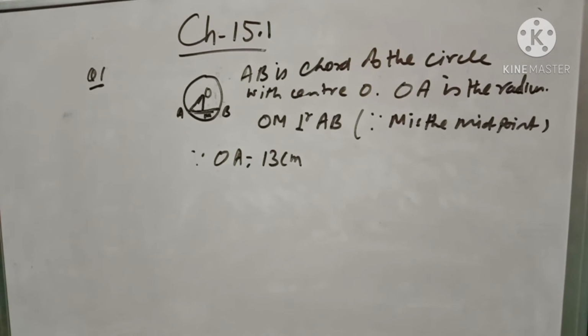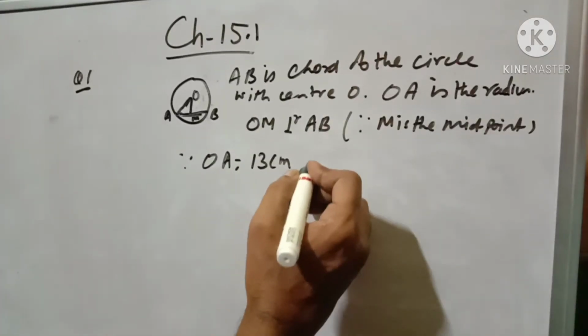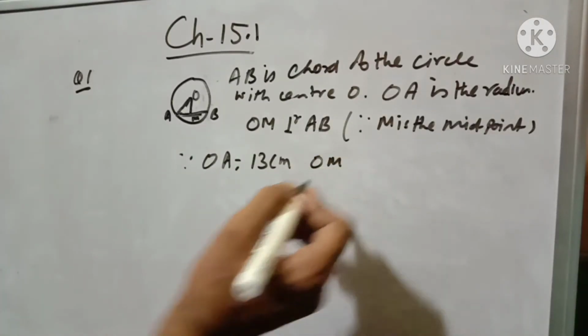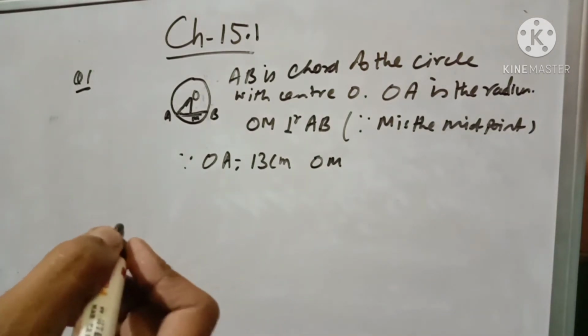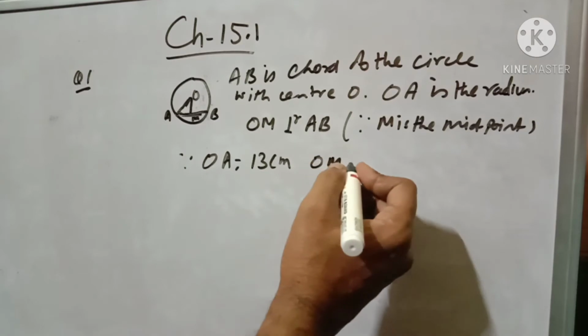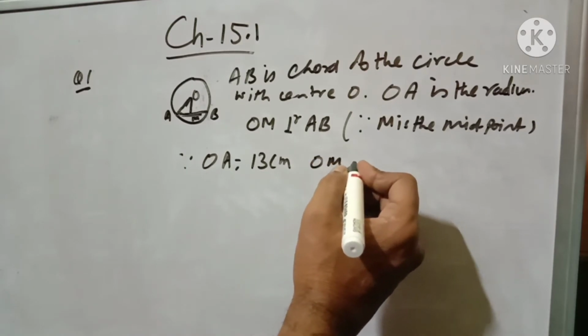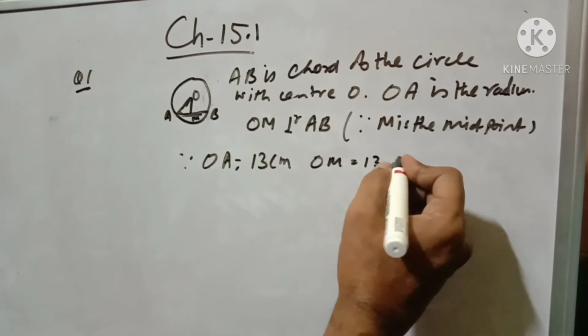And OM is the distance, 12 centimeter. Calculate the length of a chord. OM is given, OA is given 13 centimeter.